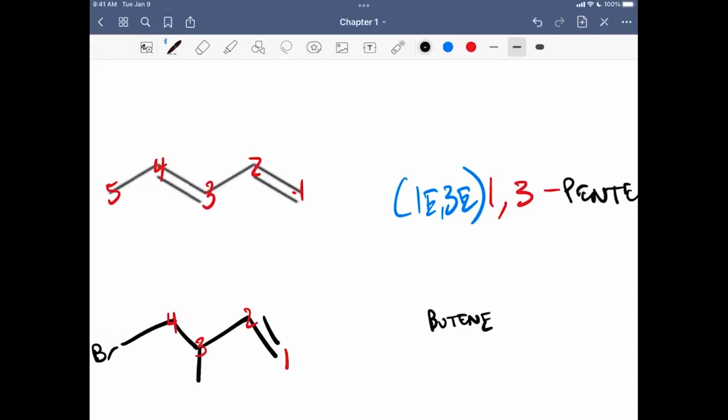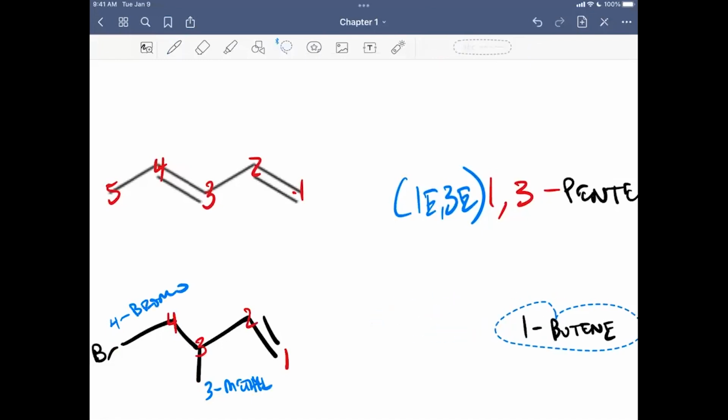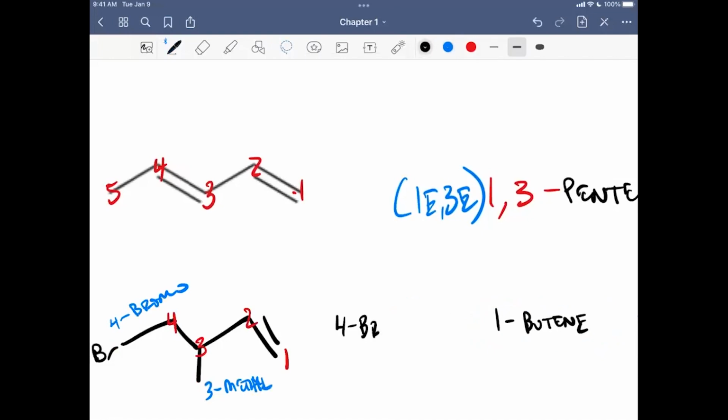Our double bond is placed at the 1st carbon, so we can do 1. We have a methyl group, so we have a 3-methyl right here, and we have a 4-bromo. So remember, alphabetical order for the substituents, so we would want to start with our 4-bromo, and then do 3-methyl, and then 1-butene.